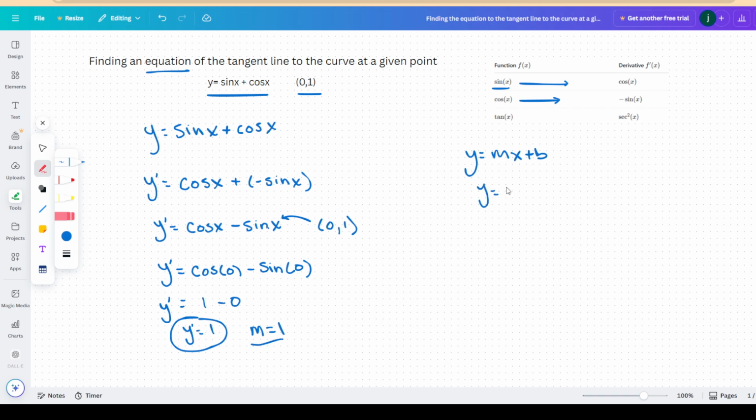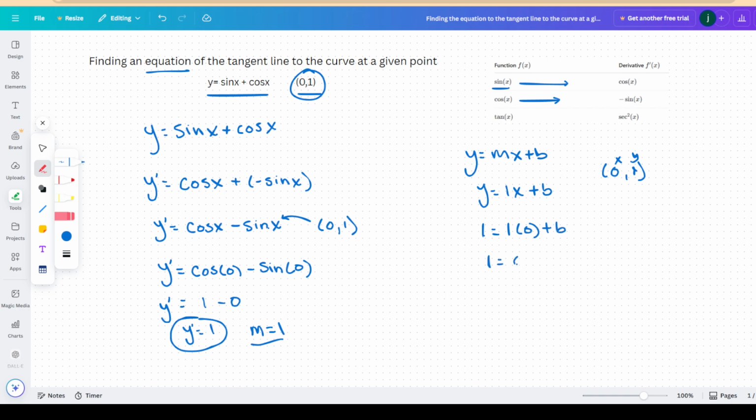So far we have y equals 1x plus b. To figure out what b is, we're going to take our given point, because we know that point goes through our tangent line, and we're going to just fill in the numbers. So we have 0, 1, which is x and y. So 1 is equal to 1 times 0 plus b.